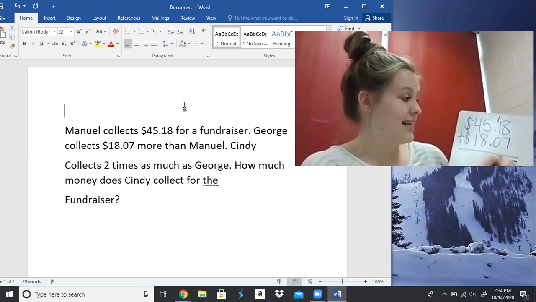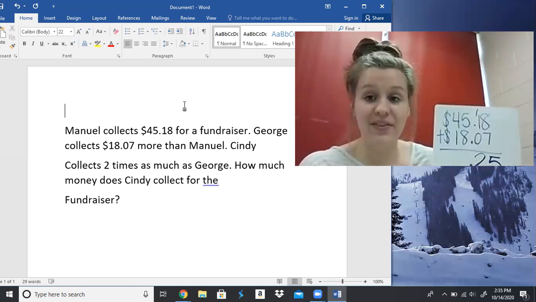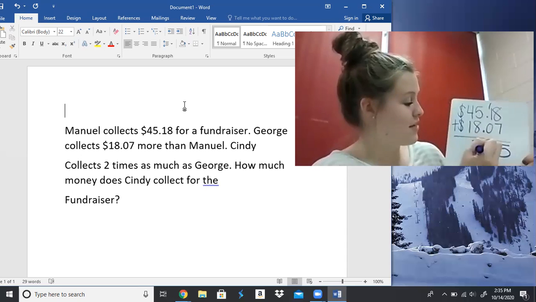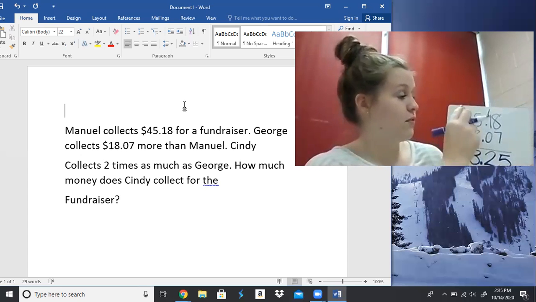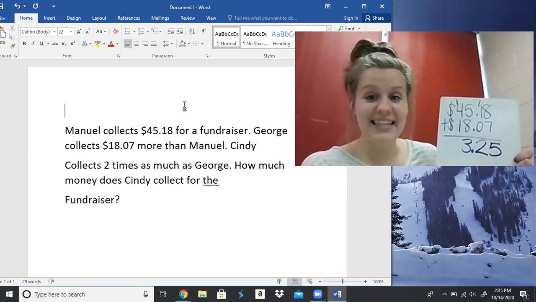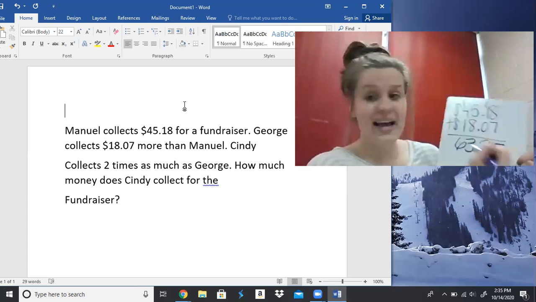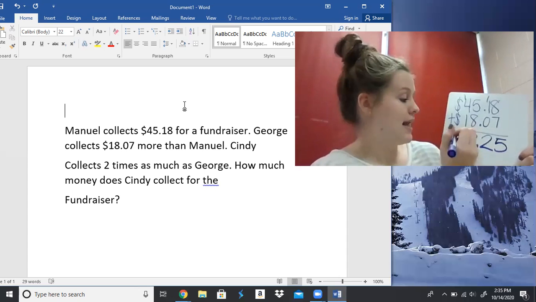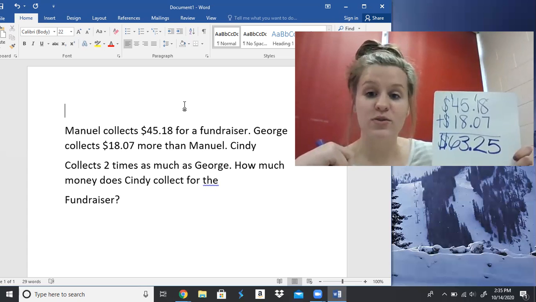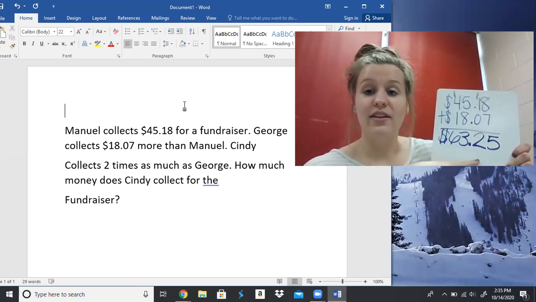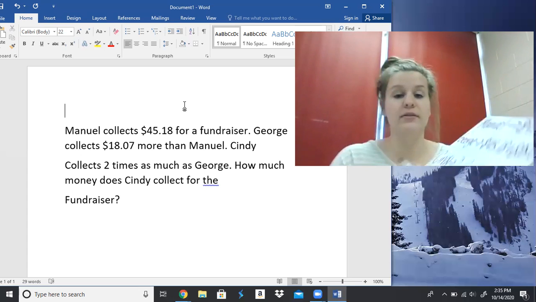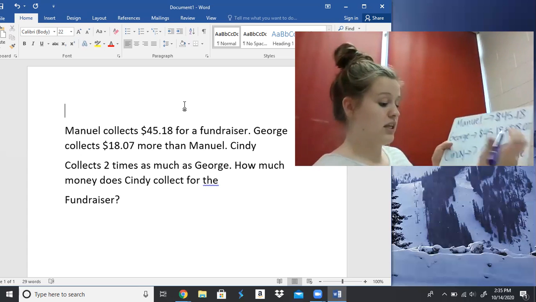Bring down that decimal. 8 plus 5, 13. Drop that 3, carry that 1. 4 plus 1 is 5, plus 1 is 6. So we're going to put that 6 there. And then we're going to bring down that money sign. So how much money did George collect? $63.25.